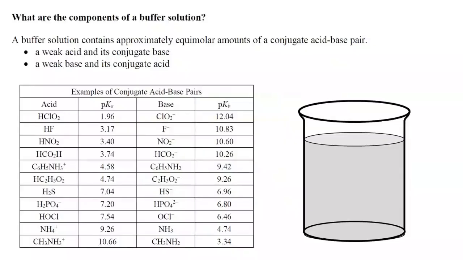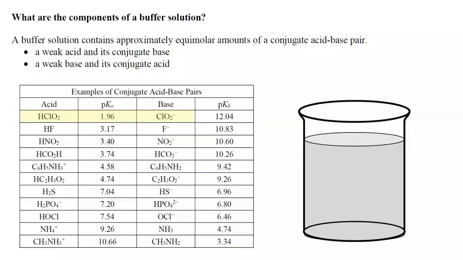A buffer solution contains approximately the same number of moles, or equimolar amounts, of a conjugate acid-base pair. So you could either use a weak acid and its conjugate base, or you could use a weak base and its conjugate acid. So for example, let's say you picked the first acid listed in this table, which is chlorous acid, HClO2.